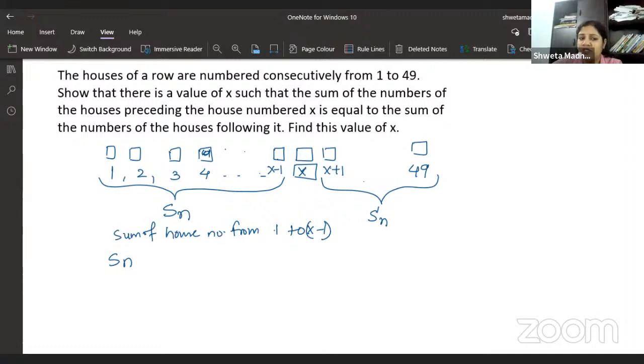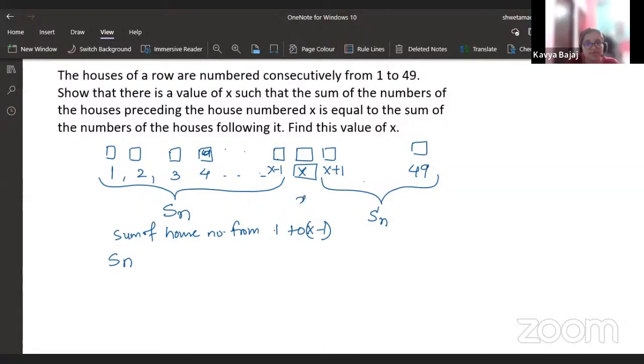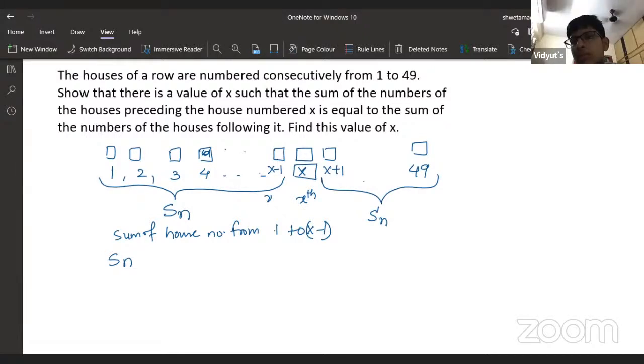The first house is at the first place, the second house is at the second place, the third house is at the third place, the 10th house is at the 10th place, the xth house is at the xth place. Then the x minus 1th house is at the x minus 1th place.